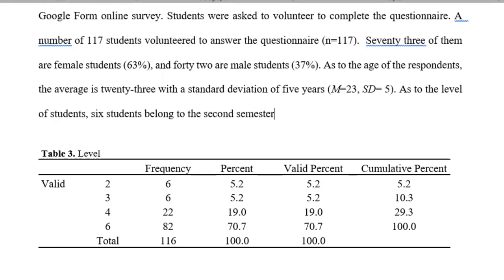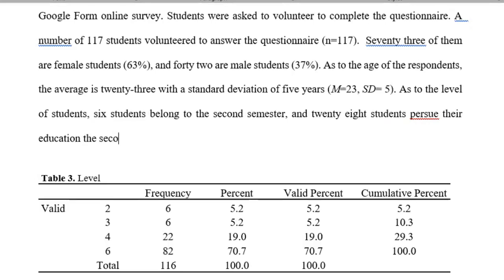Okay, and how many? So we have S3 and S4. I'm going to sum these values. So 6 plus 22 is 28. I'm going to put 28 students pursue their education in the second year of the English department.